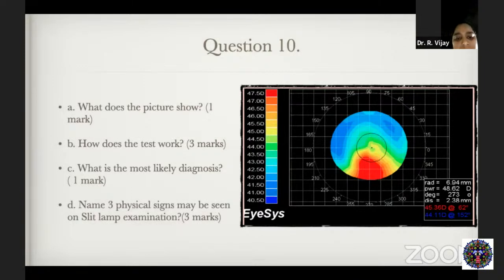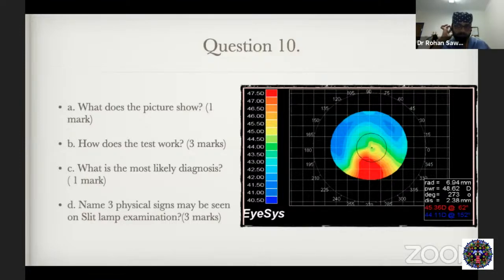There is a Scheimpflug principle by the Pentacam. So what does this use? This uses the reflected images of a Placido disc of concentric circles, which is painted inside a concavity. So these enable these topography instruments to produce a detailed map of the shape of the entire outer corneal surface.